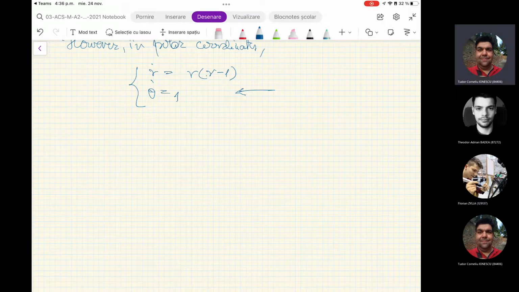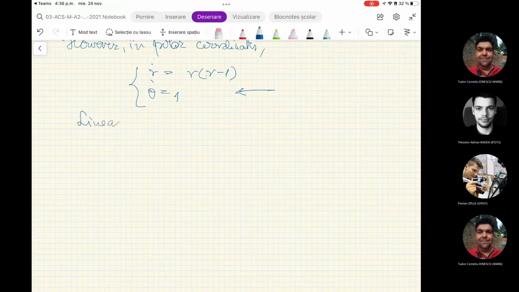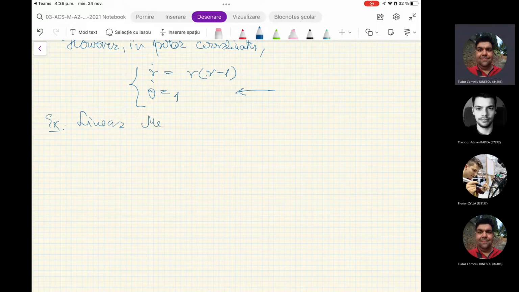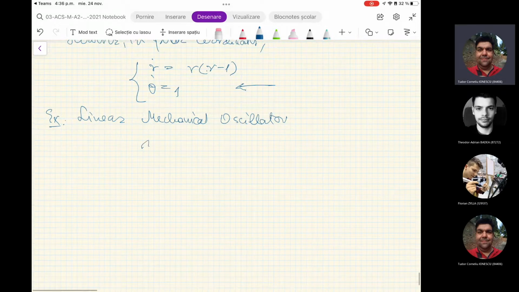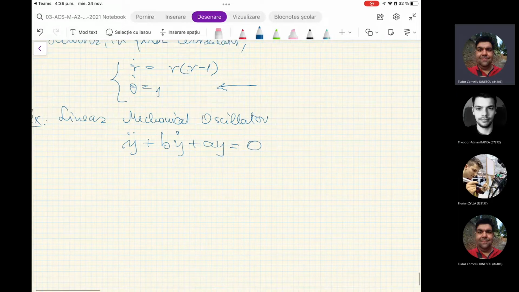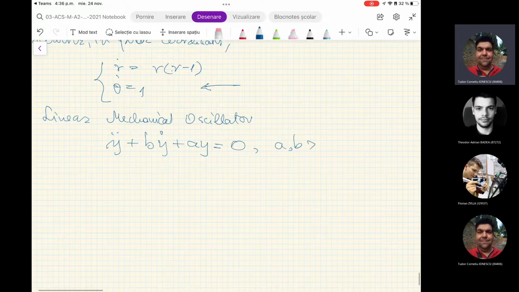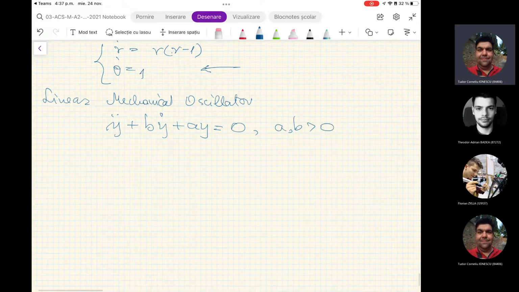If you take the classic linear mechanical oscillator, that means we have an equation of the type y double dot plus b y dot plus a y equal 0, with a and b positive.